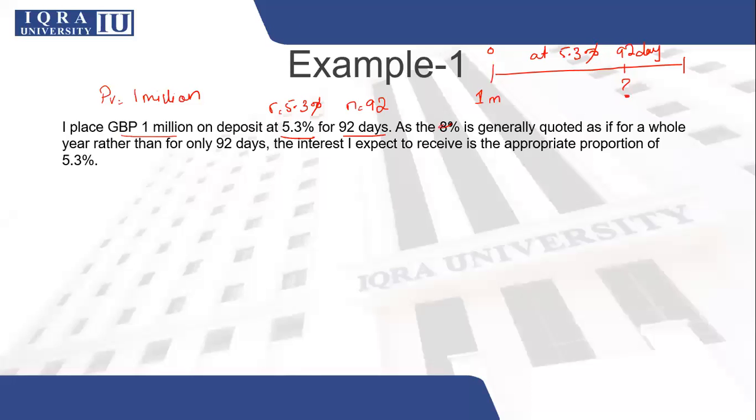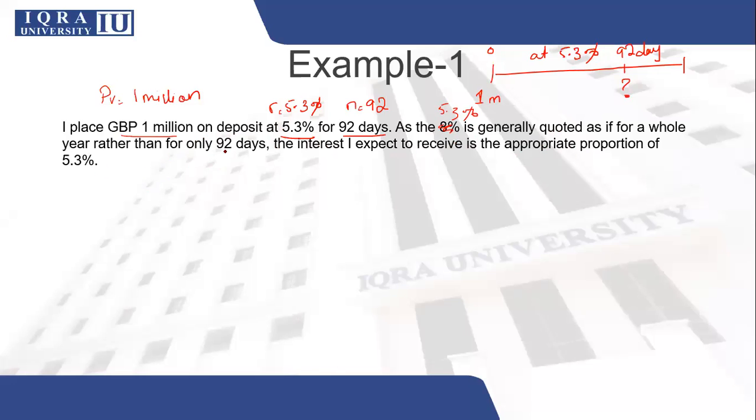As 5.3% is generally quoted for a whole year rather than for 92 days, the interest I expect to receive is the appropriate proportion of 5.3%.